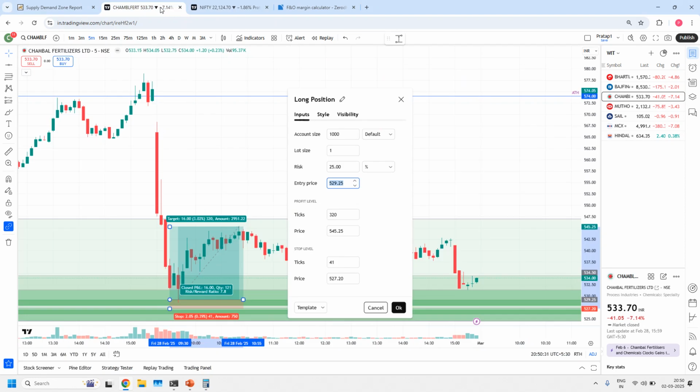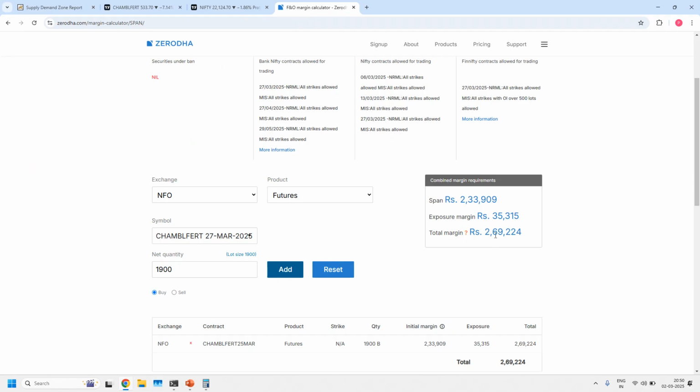When price reached this zone, it could be a little less compared to the current value. Maybe it could be at 2,68,500, or let me say 2,69,000 as a rough value.